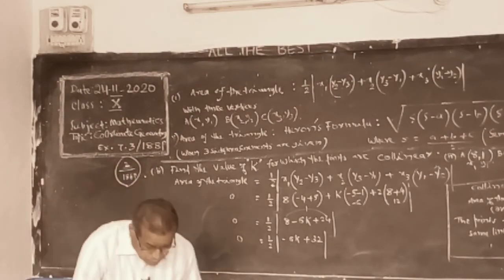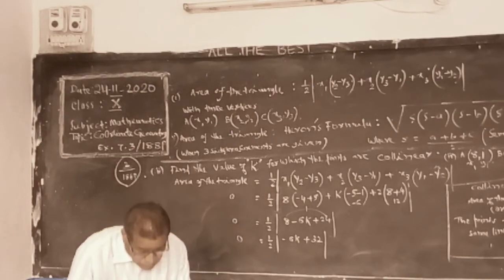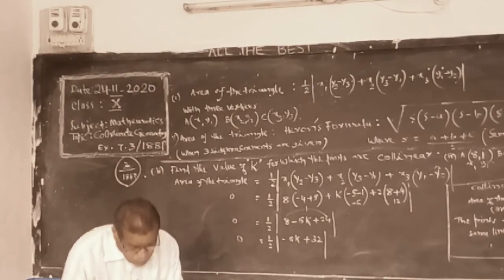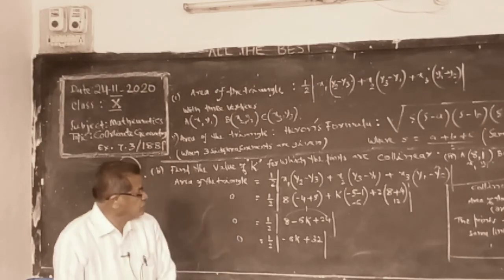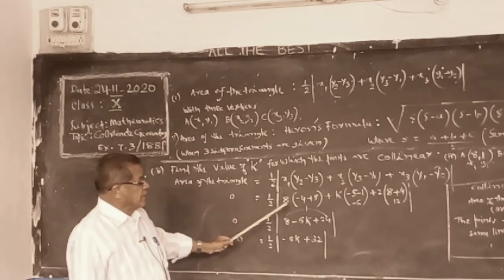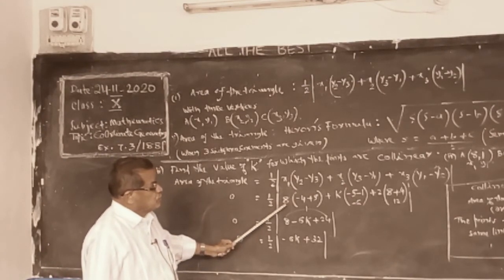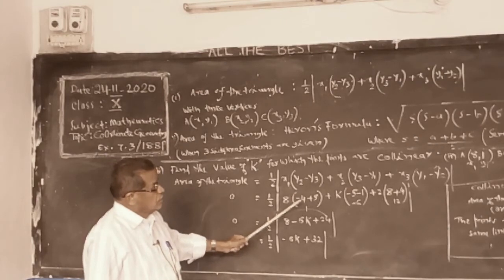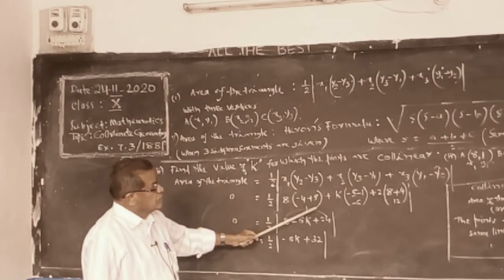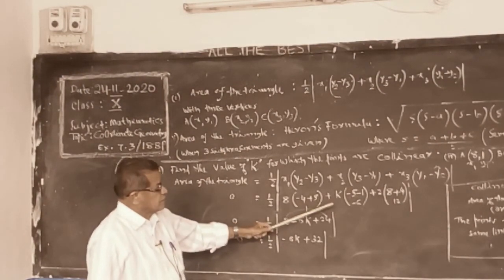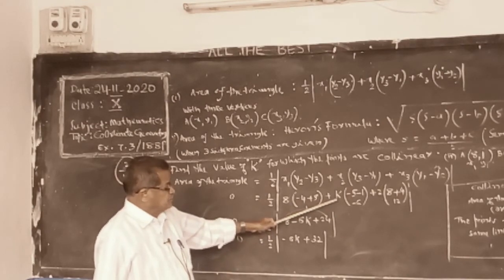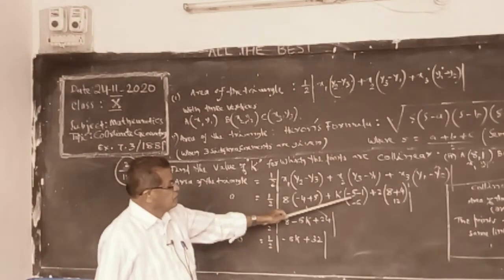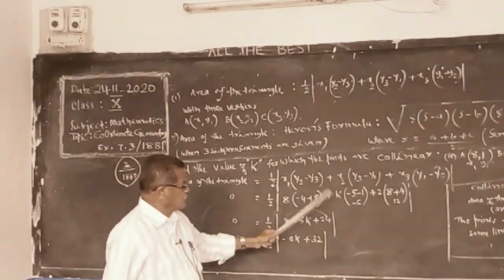What are the points? (8, 1), (k, -4), (2, -5). First bracket x1 is 8, y2 minus y3 is minus 4 plus 5. Second, x2 is k, y3 minus y1 is minus 5 minus 1.